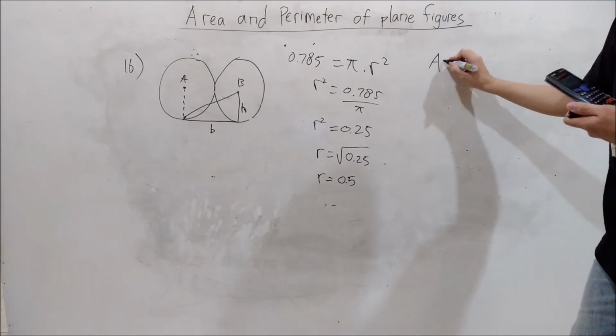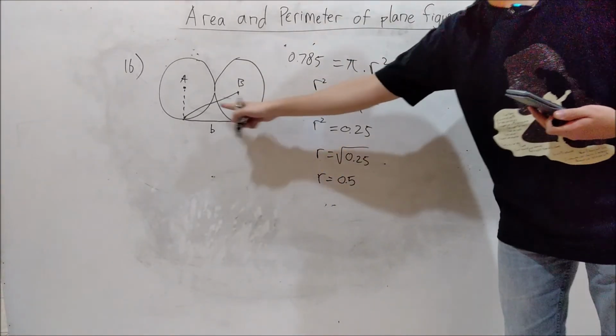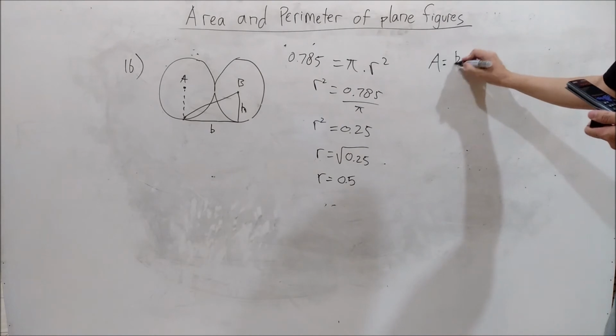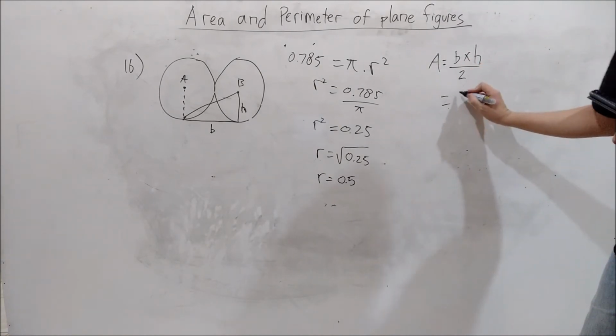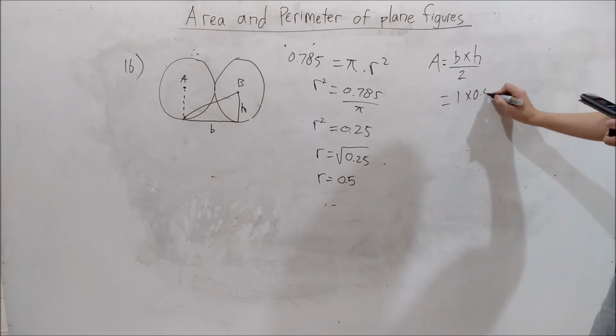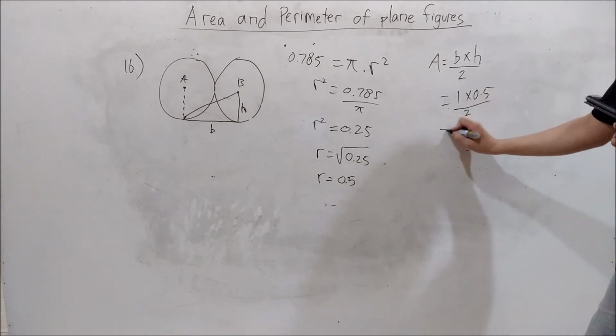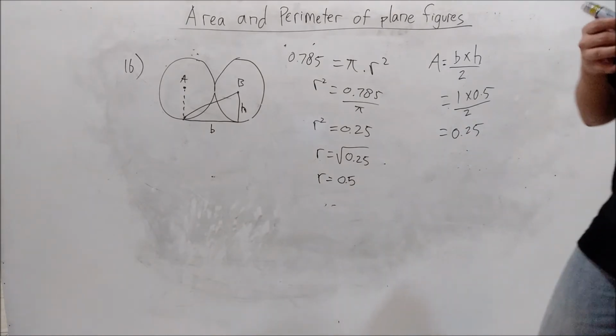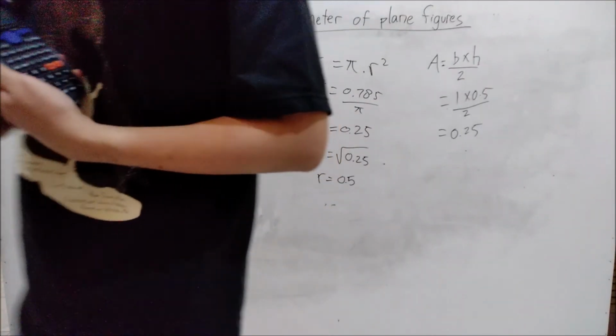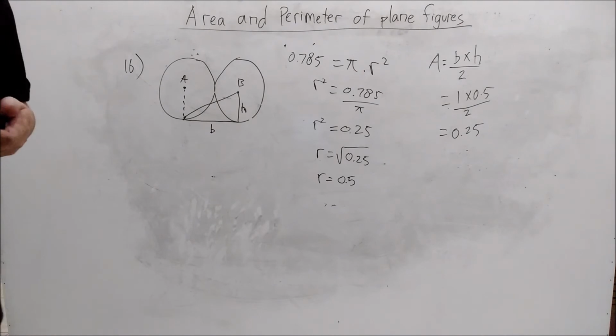Then you can get the area. This is the area of the shaded region, which is the triangle: base times height divided by 2. The base will be 1, the height will be 0.5, divided by 2, and then you will get 0.25. That's how you get the area of the shaded region in number 16.